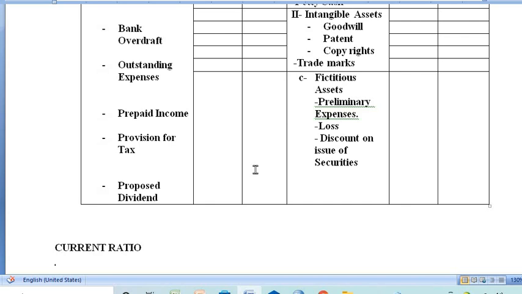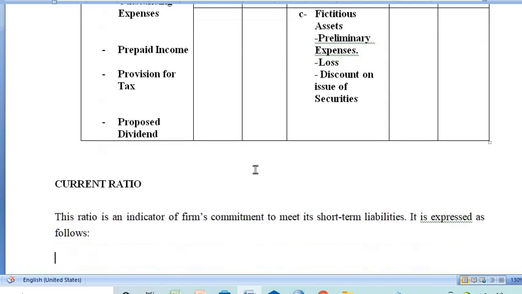So based on the balance sheet format, we are going to compute the short-term solvency and long-term solvency ratios. The first one, we are going to see about the short-term solvency ratio. Under that, first we are going to discuss the current ratio. Current ratio is the ratio which finds out the relation between the current asset and the current liability.